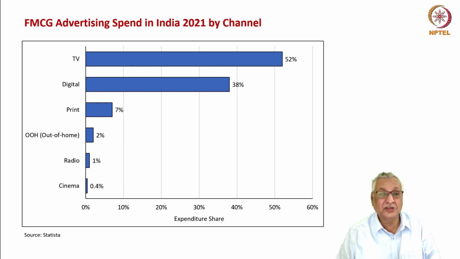Next comes digital, 38%, and print, 7%. OOH is only 2%, radio 1%, and cinema 0.4%. But the way digital expenditure is moving, very soon it may be at par with TV, and 5 years down the road it may even overtake TV in terms of the expenditure share.